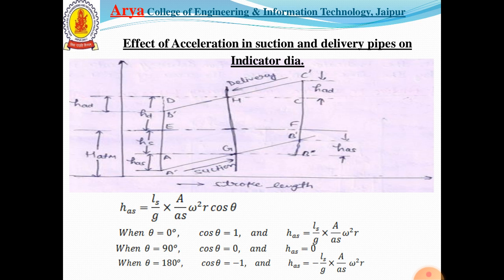At the end of the delivery stroke, HAD is negative, and hence the pressure head in the cylinder will be HD minus HAD above the atmospheric pressure head. Thus the indicated diagram for the delivery stroke is represented by the line C dash H D dash.